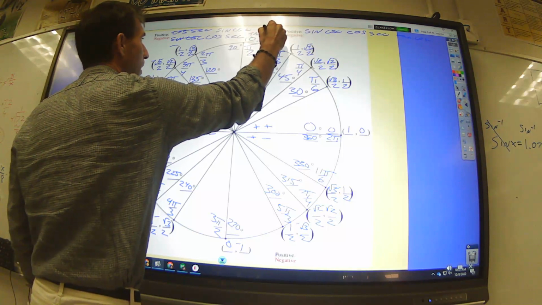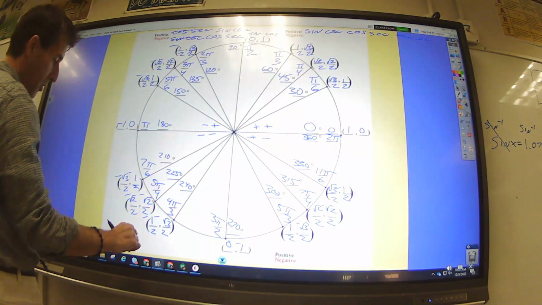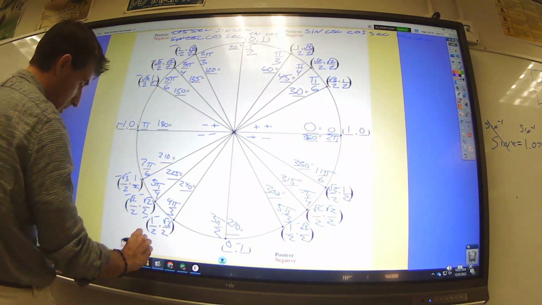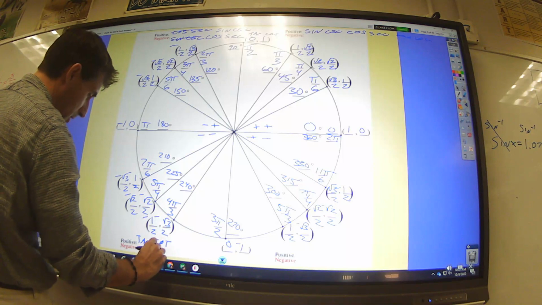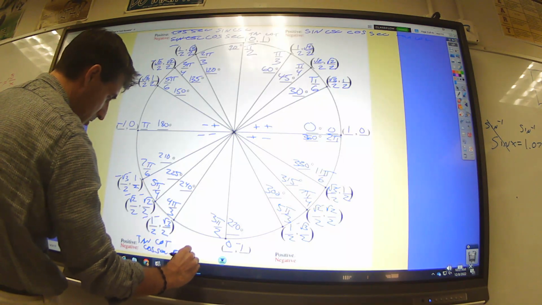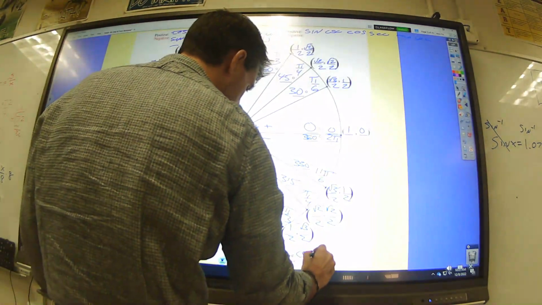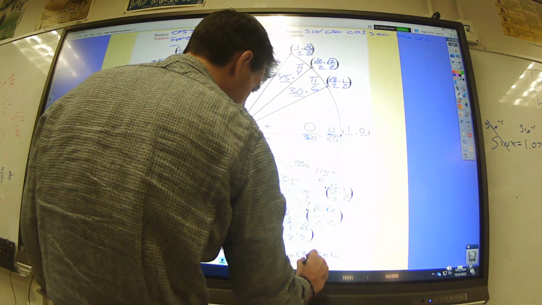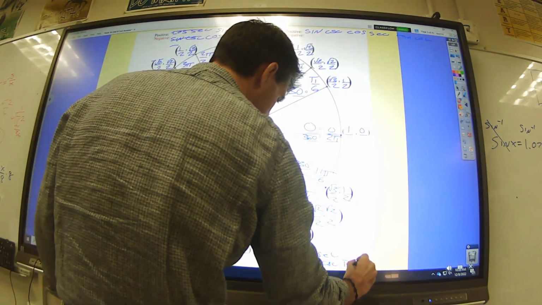And then cotan. And then here we got positive, nothing except for tan. So cosine, secant, sine, cosecant. Positive, cosine, secant, negative, sine, cosecant, tan, cotan.